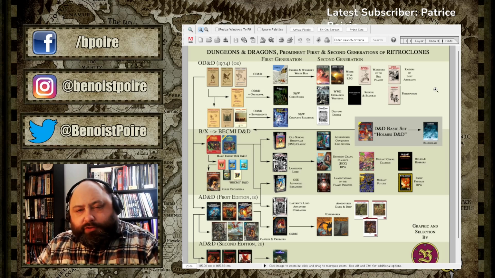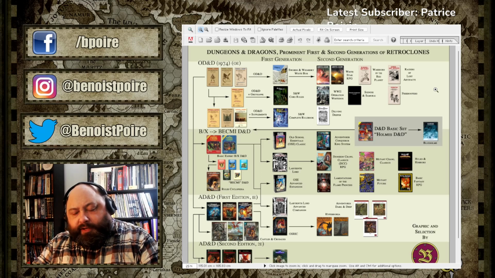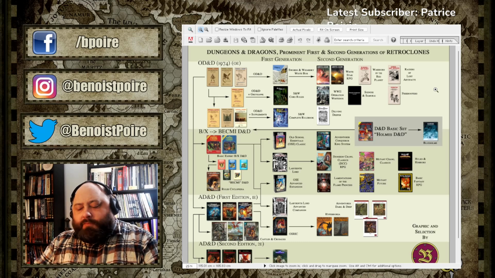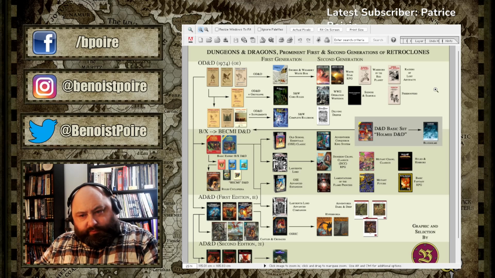The second generation clones here are defined as those games that use some open content from the first generation clones to come up with their own twists and variants on the rule systems or setting, a particular setting of their own, which implies a specific treatment of the rules to emulate the setting, right?